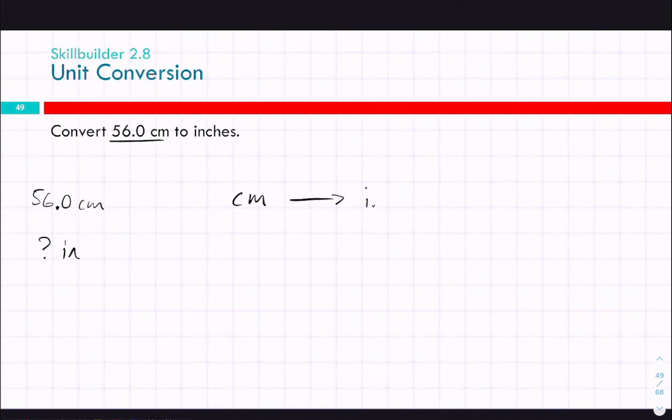We want to get to inches. And this one, you might have at least partially memorized or know that it's going to be a single step conversion. So then our conversion factor that would go in here would be 2.54 centimeters equals 1 inch.